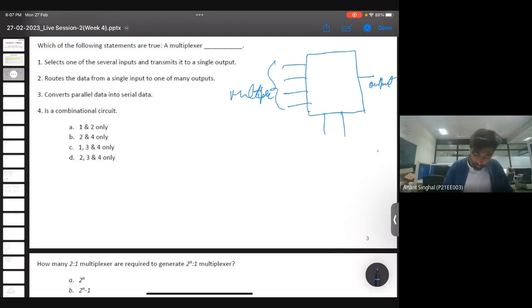So we have n inputs, and log base 2 of n select lines, which comes from the formula 2 to the power m equals n. Here m is the number of select lines and n is the number of inputs.